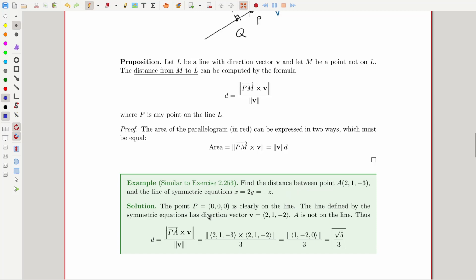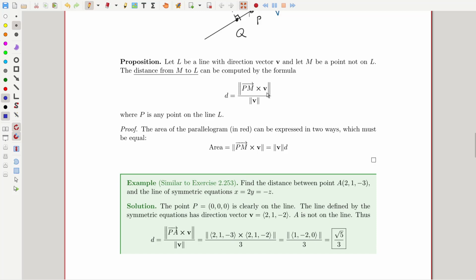I first try to determine a point that lies on this line. Very clearly, you can see that the point 0, 0, 0 is on the line, right? I plug it in, and yes, we do get 0 equals 0 equals 0. So that point is on the line. Great. Also, in order to do this computation, I need the vector v.